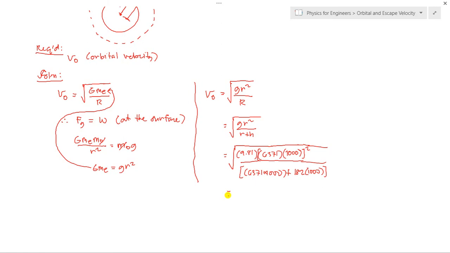So the answer is 7795.11, that is meters per second.